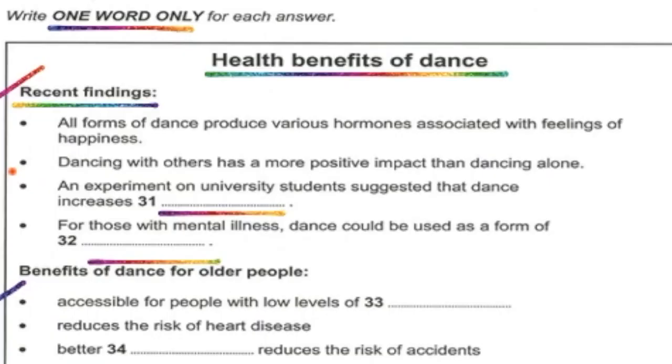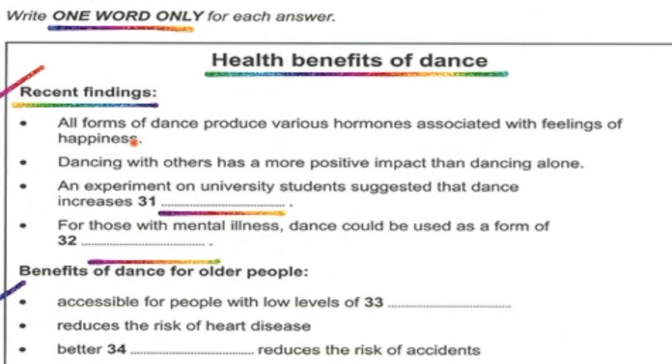Part 4. You will hear a sports science student giving a presentation on the health benefits of dance. First, you have some time to look at questions 31 to 40. Now listen carefully and answer questions 31 to 40. Dancing is something that humans do when they want to have a good time. It's a universal response to music found in all cultures.